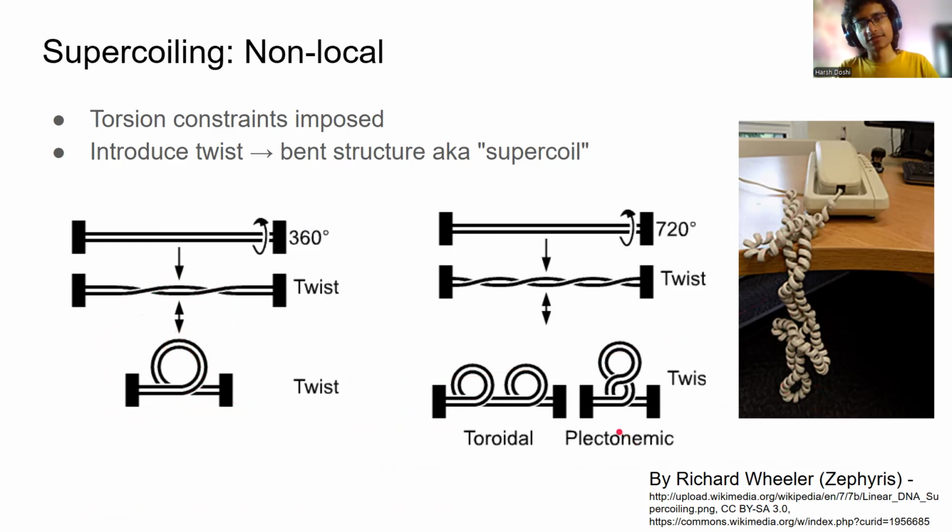And this is what we call a supercoil. It can have many various forms, either toroidal or plectonemic, and people have mainly observed these plectonemic structures in cells.